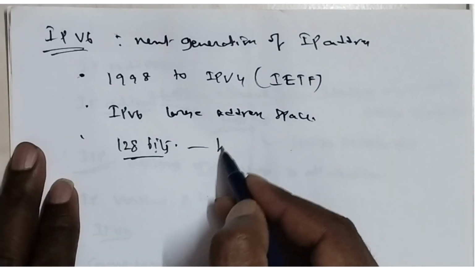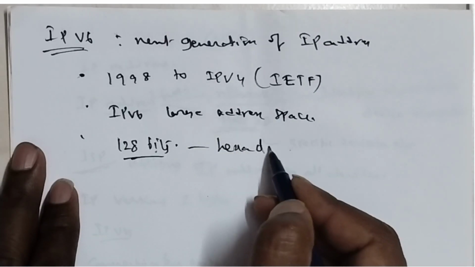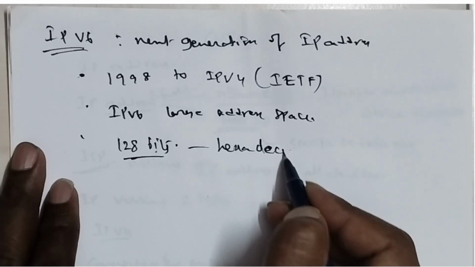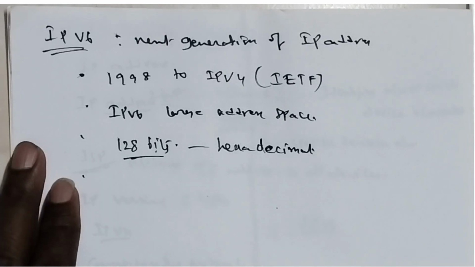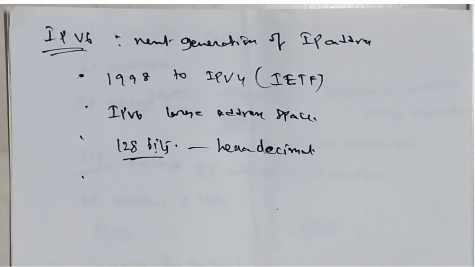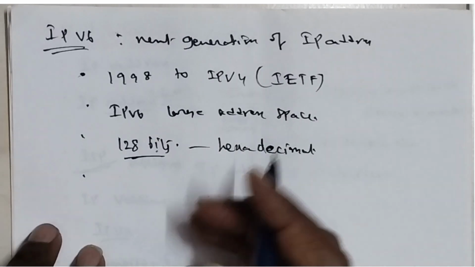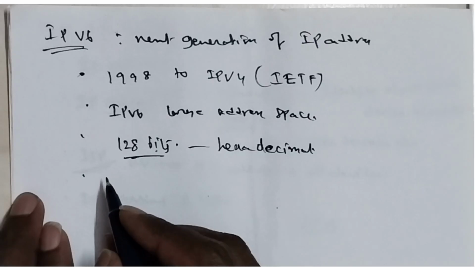It will be written in hexadecimal values, and it is composed of 8 fields. Each one contains 2 octets.